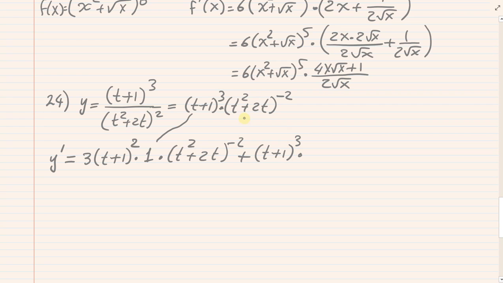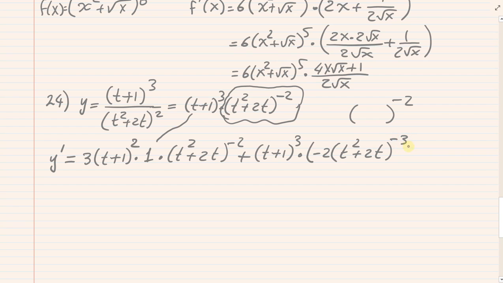The second is this one now. This itself is a function composition. Outside function is like something to a negative 2 power. So that derivative is going to be times negative 2 times whatever the inside is, and we raise that to negative 3 power now, right?